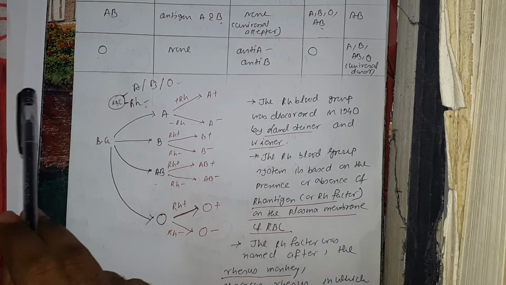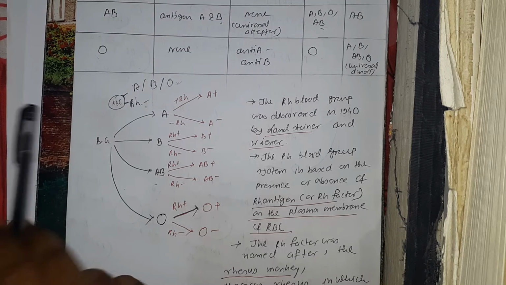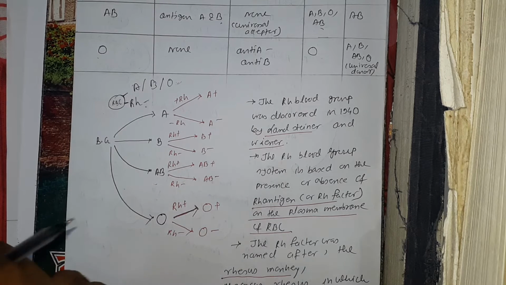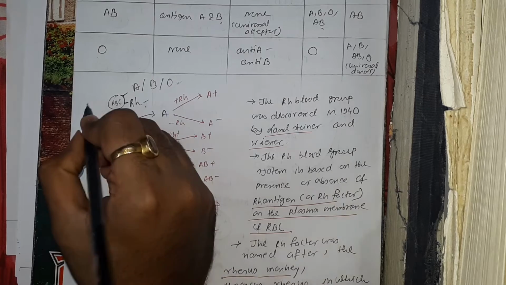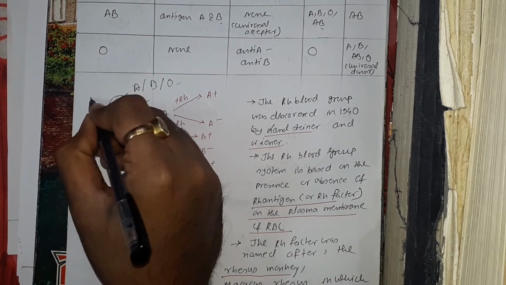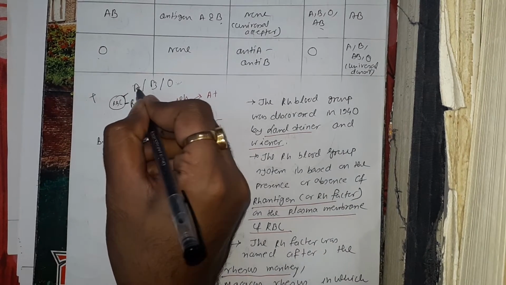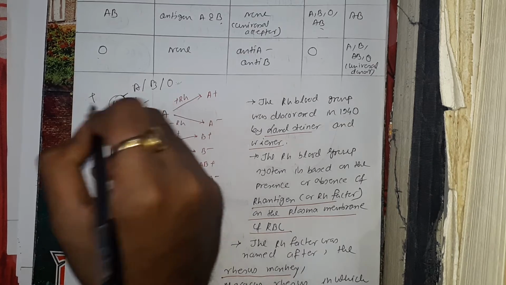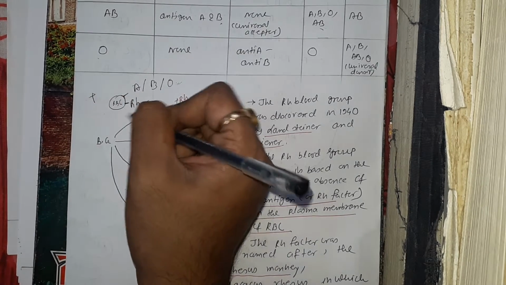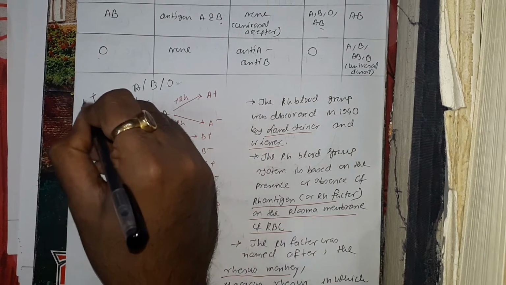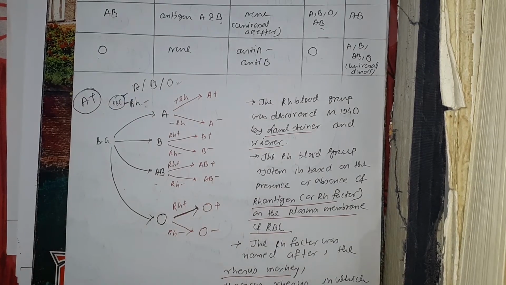Now, along with A and B, sometimes RBC have another important antigen, that is our Rh factor, right? If this Rh factor is present, then the blood group will be referred to as positive. That means suppose you have antigen A on the surface of RBC along with the Rh factor, then your blood group will be referred to as A plus.